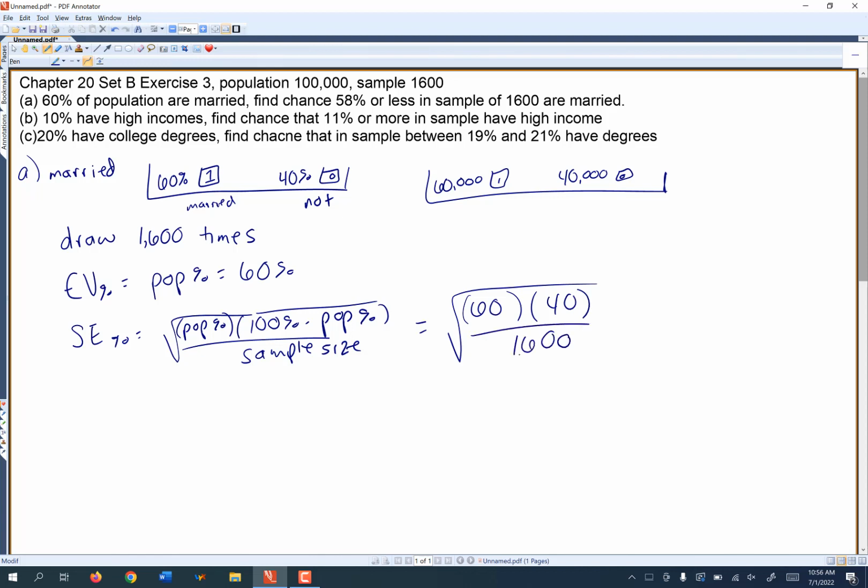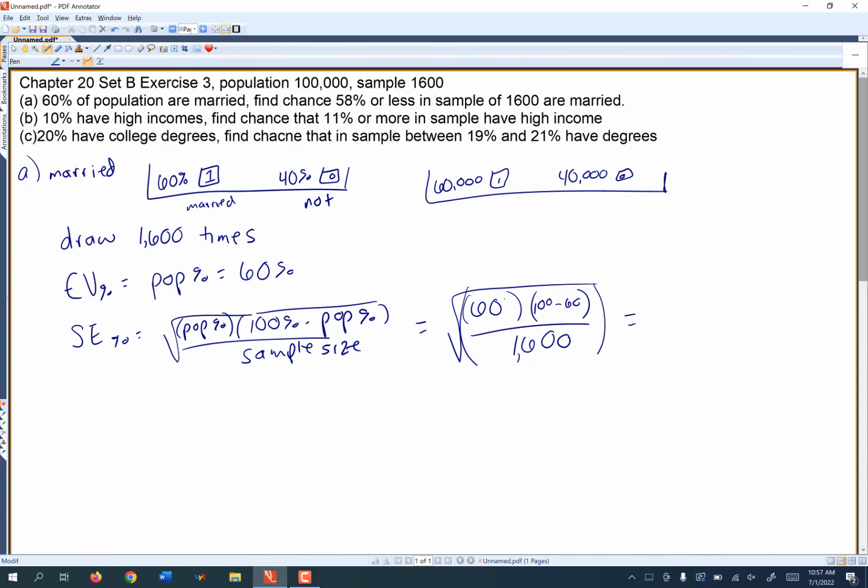Now, as far as putting this into your calculator, make sure you have really big parentheses around everything inside of there. Or if you didn't do that in your head, you could do 100 minus 60, just make sure it's in parentheses. The parentheses have to go around everything. Make sure the 1,600 is inside your parentheses. You might want to do it in multiple steps in your calculator.